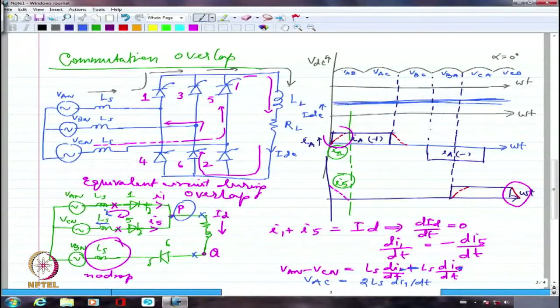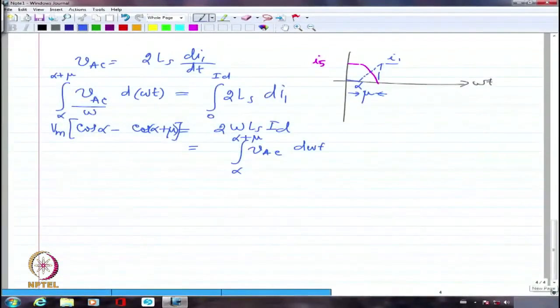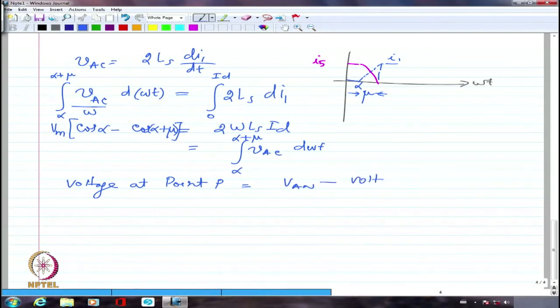So I need to know the voltage at point P, which is actually the top of the DC link. That has to be essentially VAN minus whatever is the voltage drop across Ls.